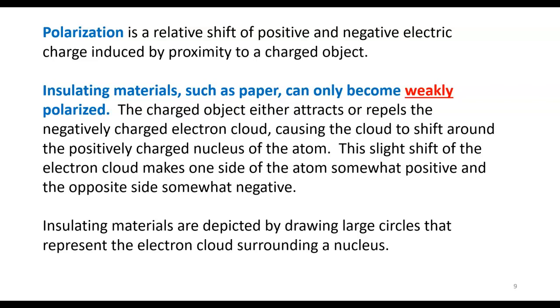The cloud can shift, but the electrons cannot leave the atom. When we are showing insulating materials like paper, we draw large circles that represent the atoms, and the circle represents the electron cloud. We draw a plus sign inside the circle to represent the nucleus.